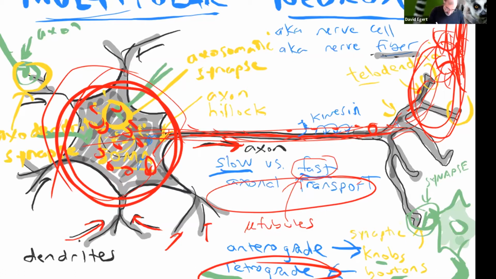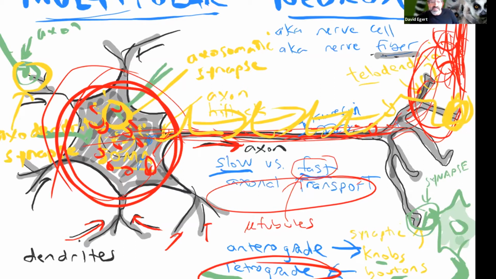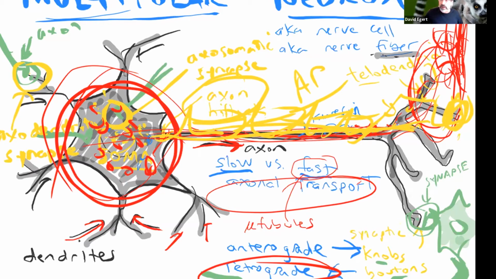Once an action potential gets started, it just keeps going and doesn't stop till it gets all the way to the end. And again, this could be 3 feet long. So it's this chain reaction that gets started here at the hillock, but then doesn't stop till it gets to the end. So the action potential travels long distances and lasts as long as it needs to get to the far end of the axon here. Whereas with graded potentials, you open up some channels on the membrane, the voltage goes up or down a bit, and then it resolves and goes back to where it was.